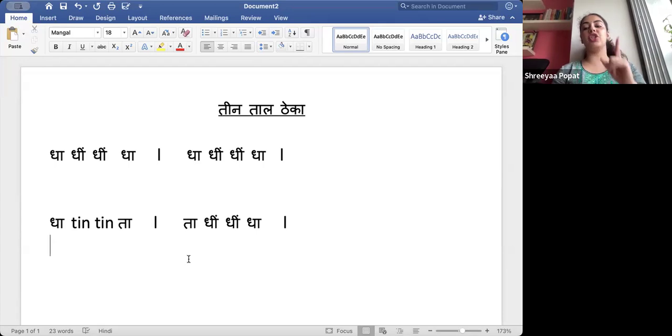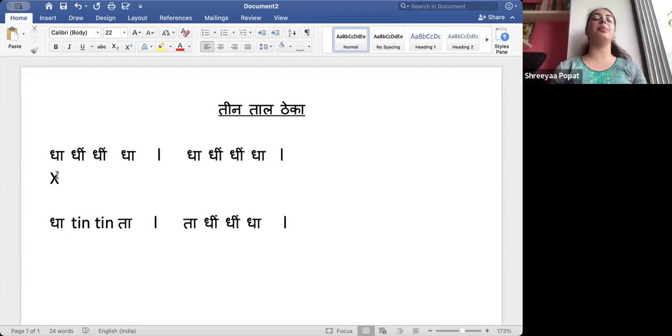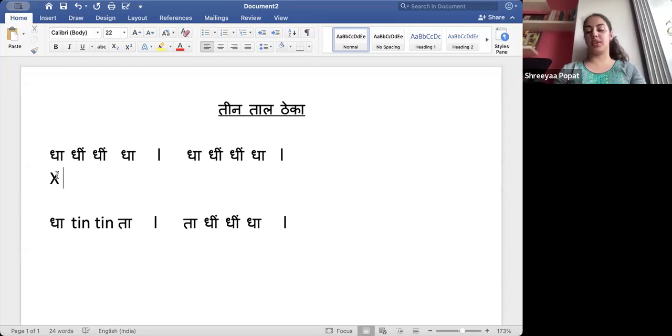Now in this, the special number 1, the first beat of the tal, is very important. That is why it has its own symbol, which is a cross. By default, your first tali is the cross, the first beat. Sum means the first beat of the tal, and the symbol for the sum is cross.